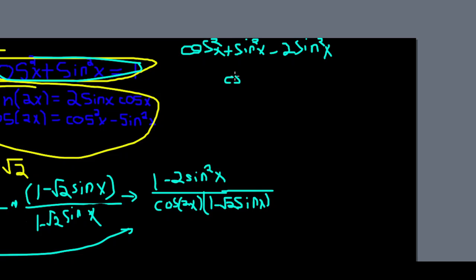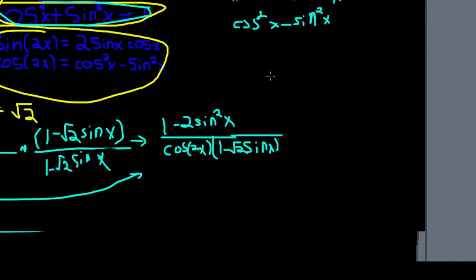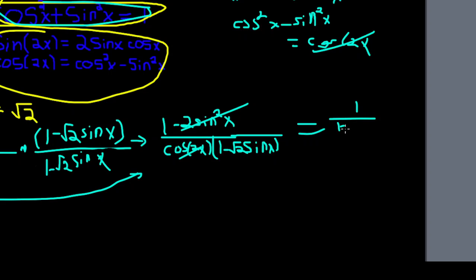And this leaves us with cosine squared minus sine squared. Right. And that is equal to cosine of 2x. So actually that cancels out with that. So this is our simplified expression.